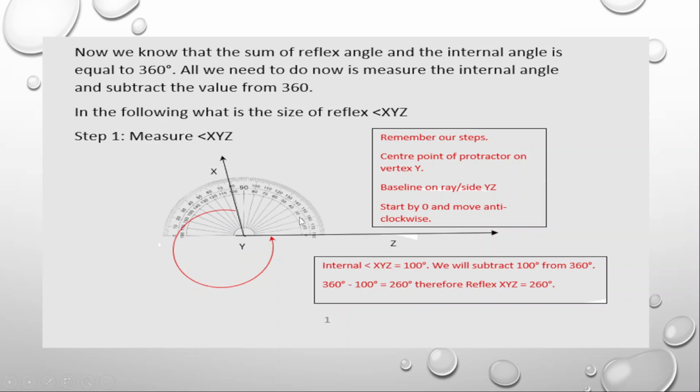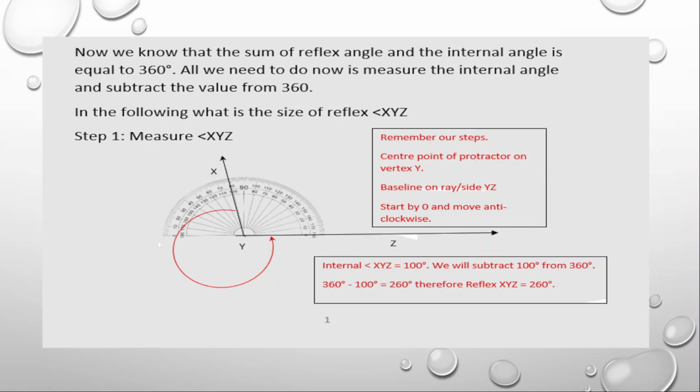Naught, 10, 20, 30, 40, 50, 60, 70, 80, 90, and 100. So the internal angle XYZ, this part, is equal to 100. But we want this part. So that plus this part is equal to 360.